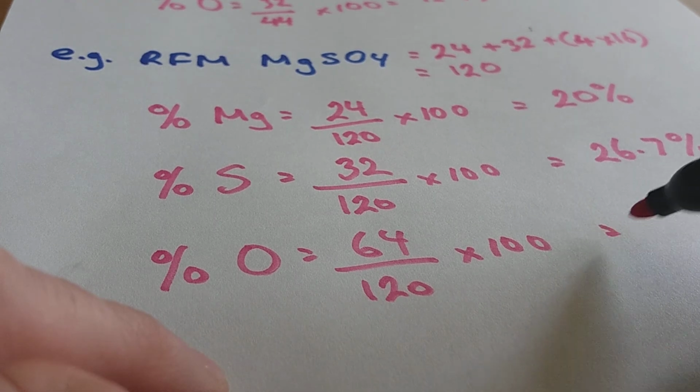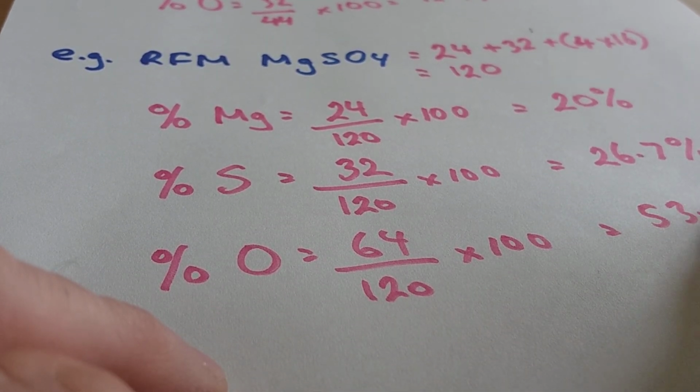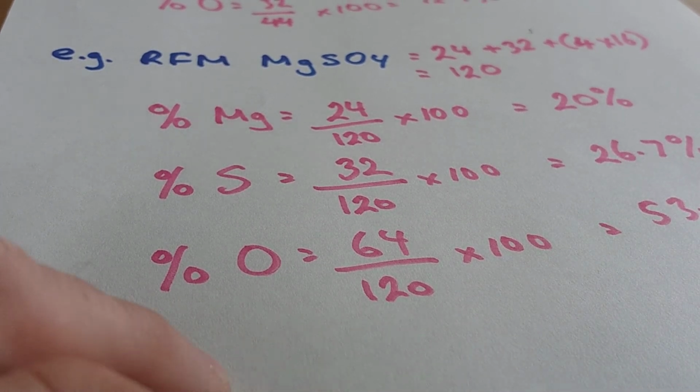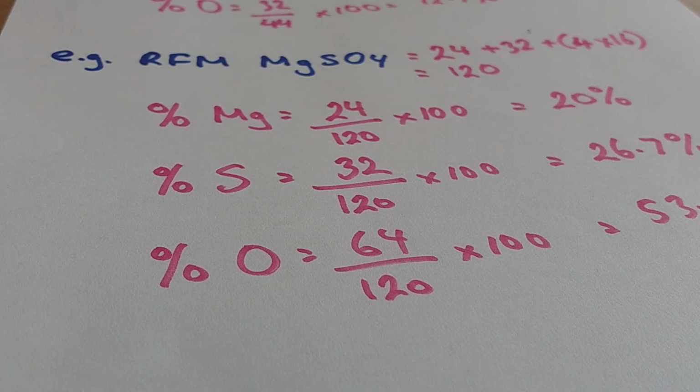And when you work that out, it is 53.3%. Now, just an activity in terms of percentages, I would suggest no real issue to you. So, follow this method and you'll be able to work out the percentage composition of any compound.